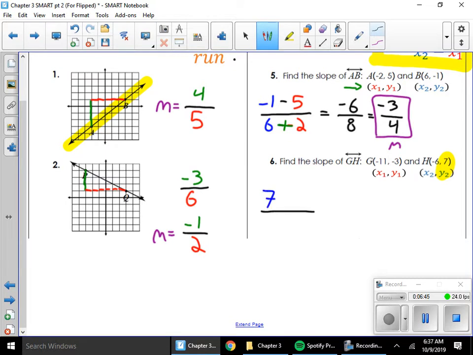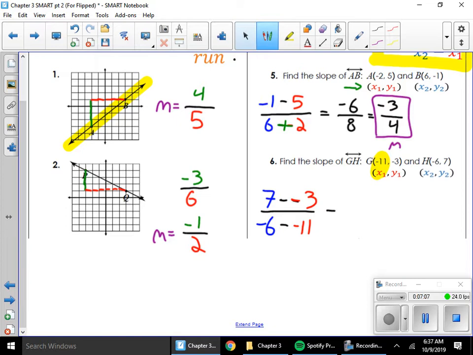And again, where that -3 is coming from, that's my y1 value. In the denominator, we get x2, which is -6. And we are subtracting off -11. So there's my slope formula set up for me.